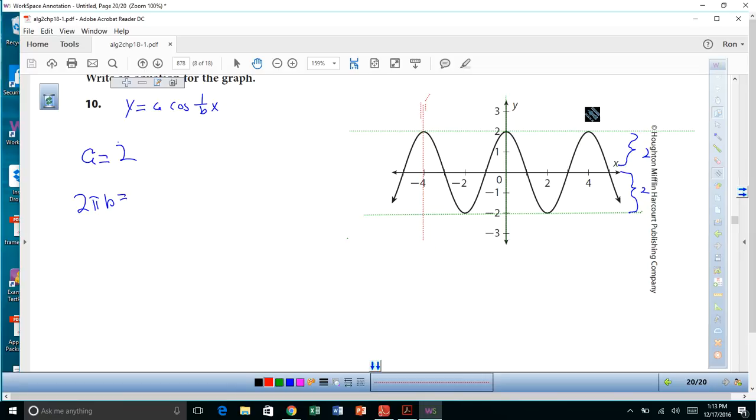And then we got another crest over here. And okay, so what is the distance between these crests? That's 4. What's the distance between here? That's 4. So this will equal 4. 2 pi b equals 4.